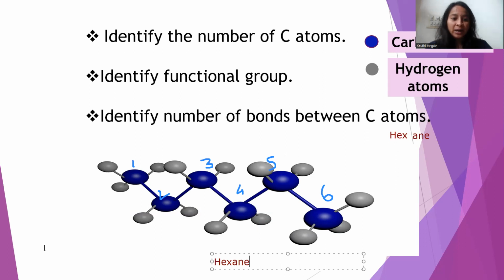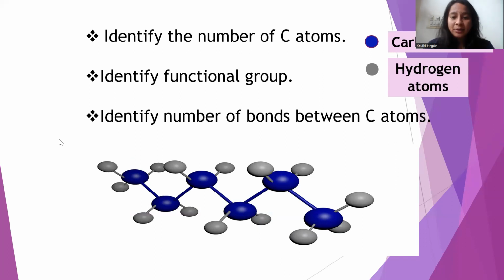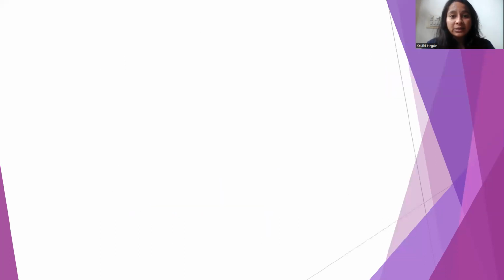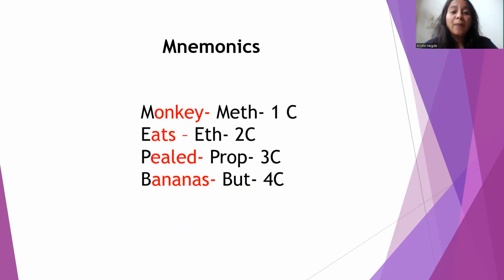So let's move ahead for another example. But before that, let's see what we call it if one carbon atom is there. Here I am giving an easy mnemonic that I learned from my colleague, to remember the number of carbon atoms with the names. Monkey eats peeled bananas.